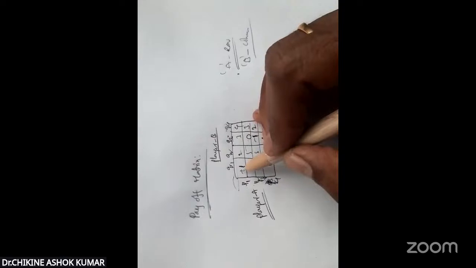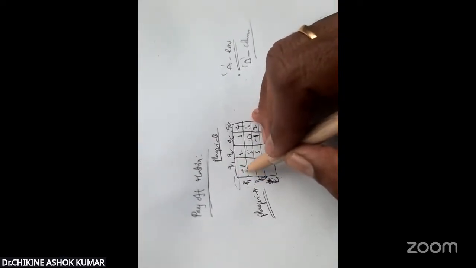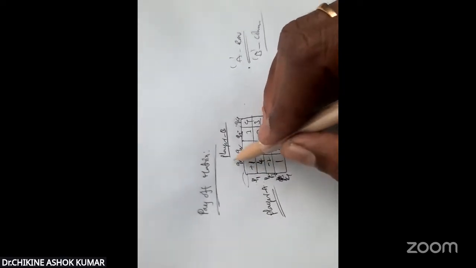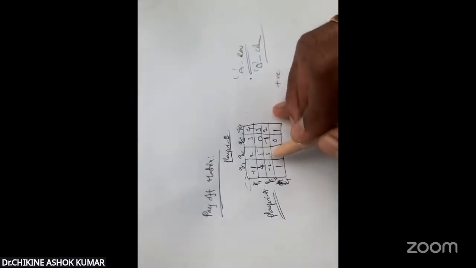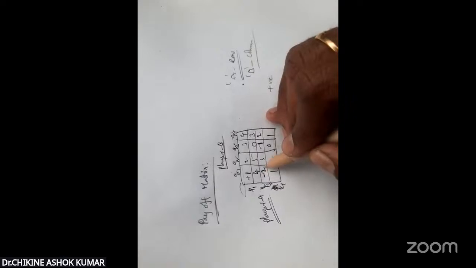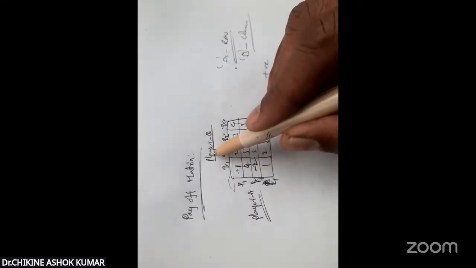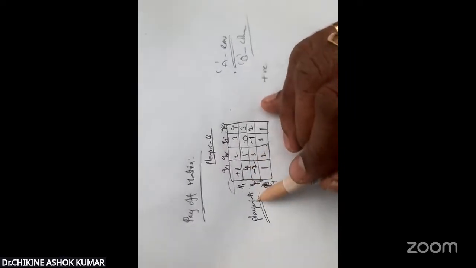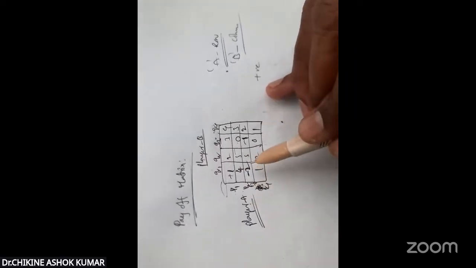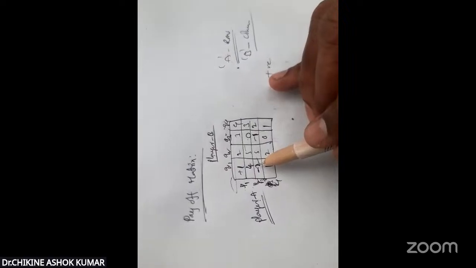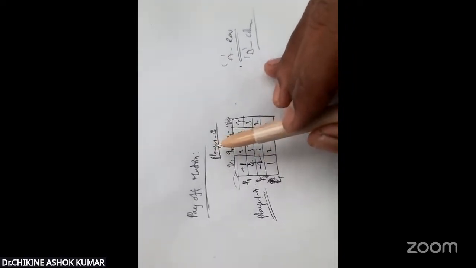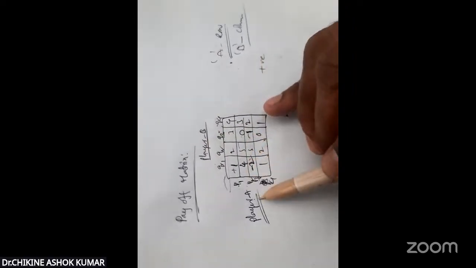So positive indicates player A profit amount, player B loss amount. If a negative value is given, let us suppose -2, it indicates profit amount of player B and loss amount of player A. Listen carefully: negative elements indicate profit amount of player B, loss amount of player A.